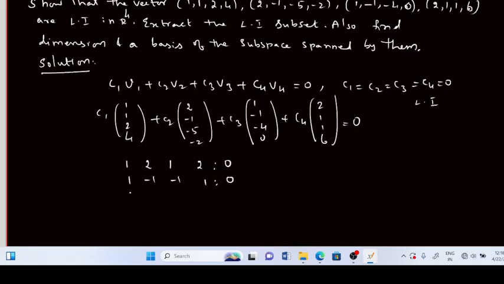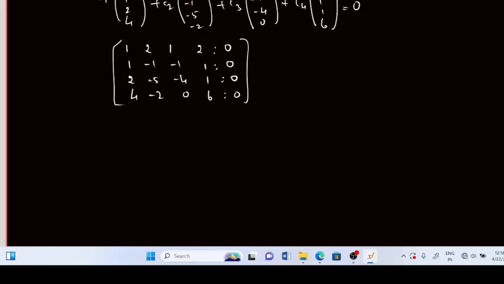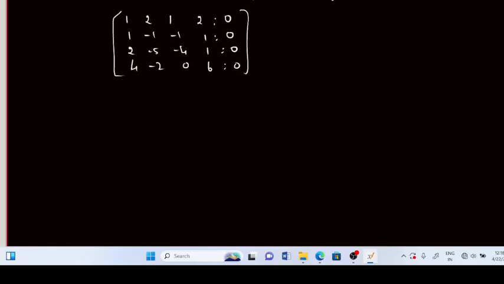Similarly the third: 2, -5, -4, 1, 0, and the fourth: 4, -2, 0, 6, 0. So here we have written the matrix format. We must simplify this.